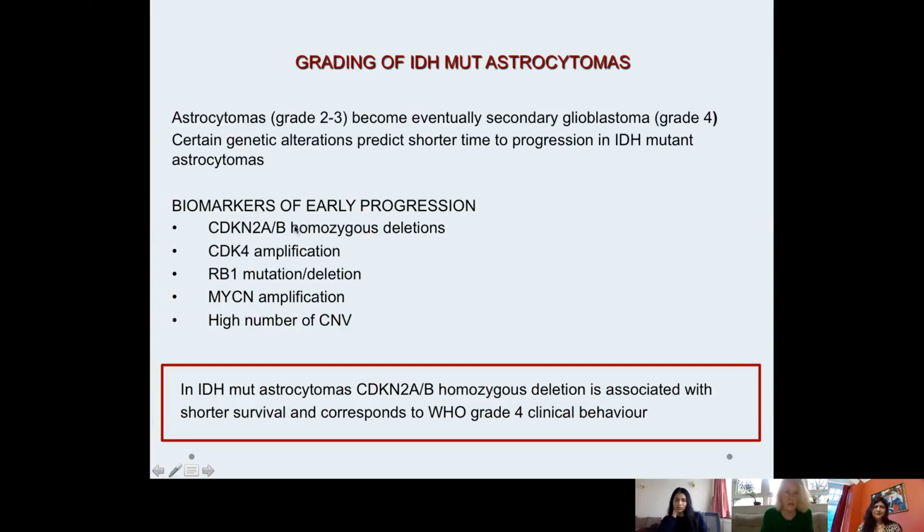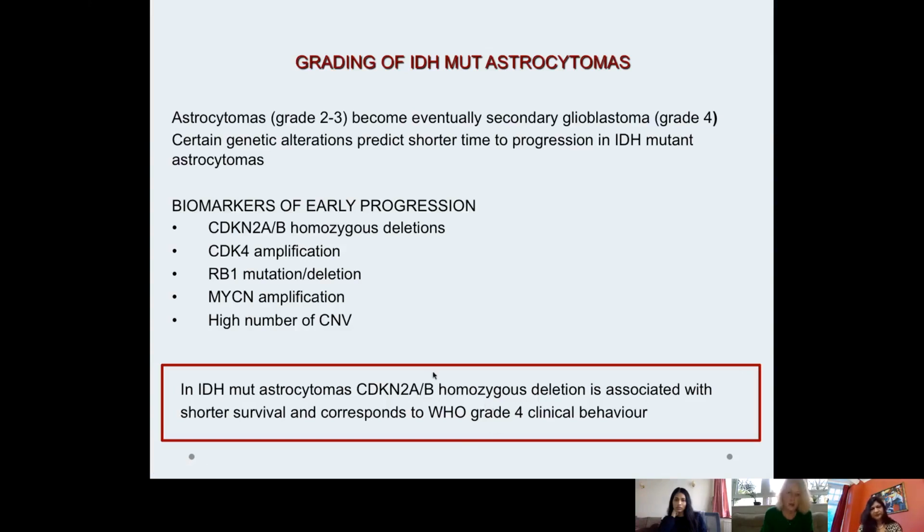And this is why this is now routinely assessed, and it is expected to be introduced into the new WHO classification. So if an IDH mutant astrocytoma carries the homozygous deletion in the CDKN2A and B gene, it is considered a high-grade, grade 4 glioma, independently of the histological grade.